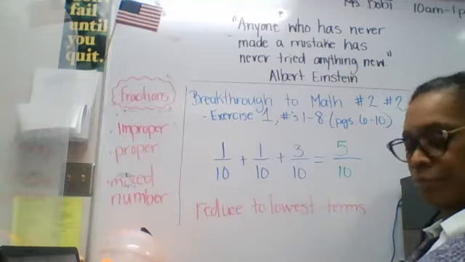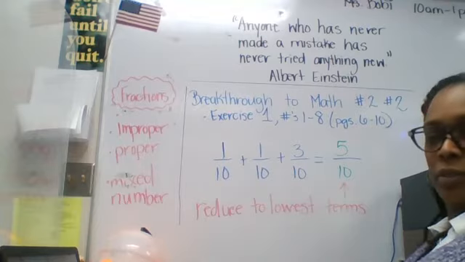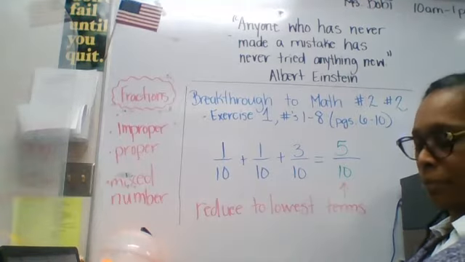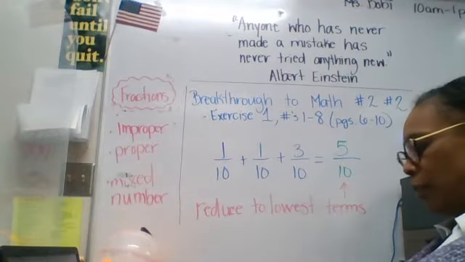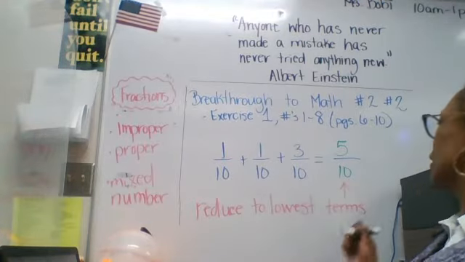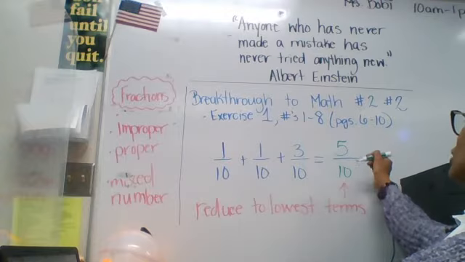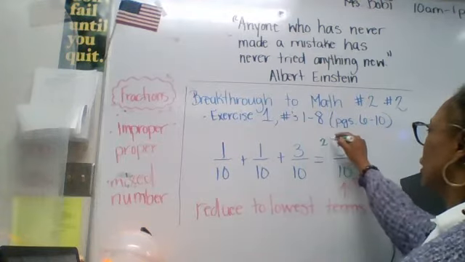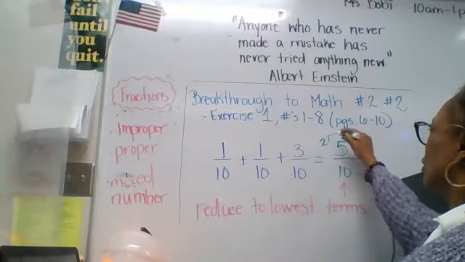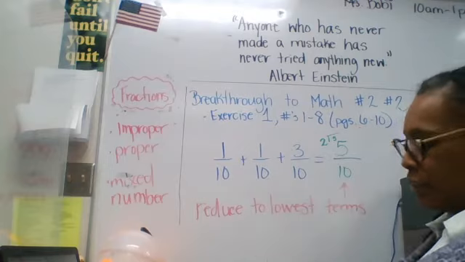Okay, that's what we have to do here. What does that look like? So we know that 5 and 10 share something. Oh, 5 goes into 10 twice. So let's just try 2 divided by 2 to 5. No, that's not going to work.